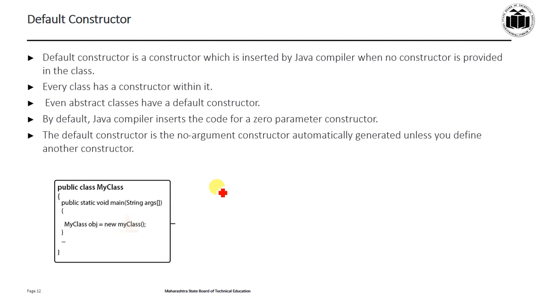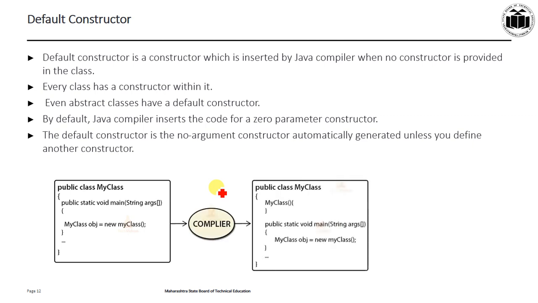If you don't implement any constructor in your class, the Java compiler inserts default constructor into your code on your behalf. You will see the default constructor is not there in this class.